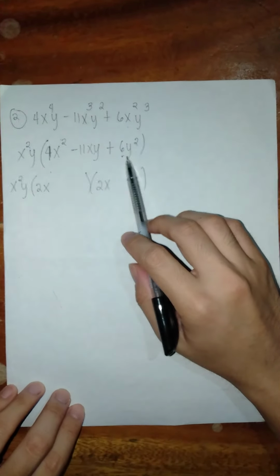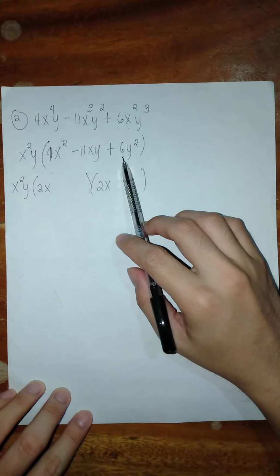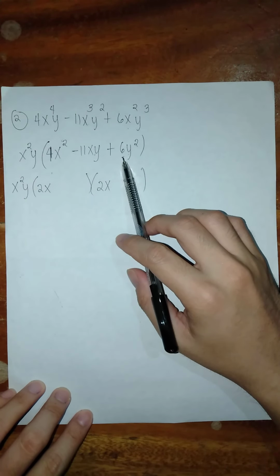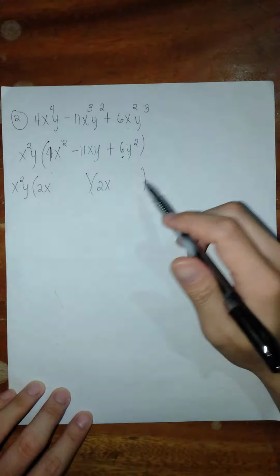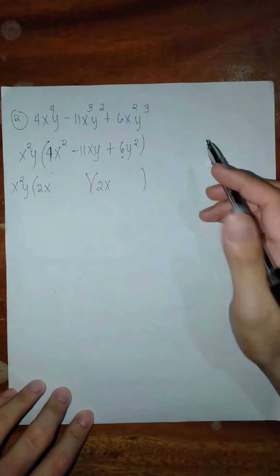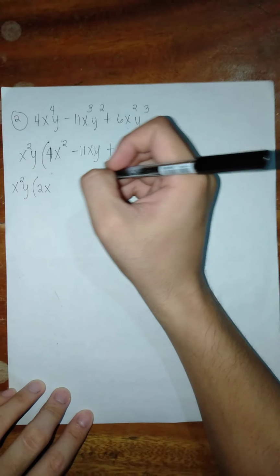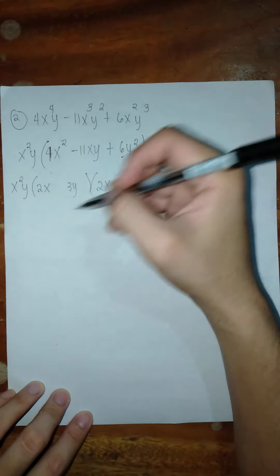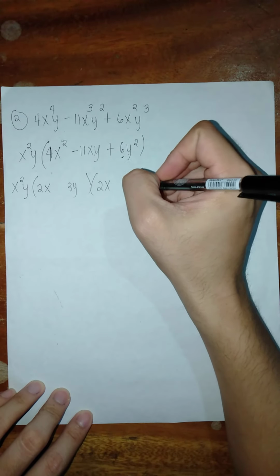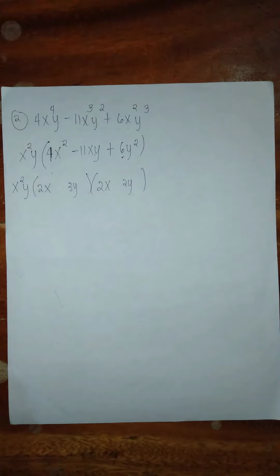So, ito na pag-isipan natin. Ano yung bibigay sa atin ng 6 na factor? So, pwedeng 3 times 2, di ba? Try natin yan. Sa y din. So, let's say, ito ay 3y, wala muna sign, ito ay 2y. Ayan. Nagets na.